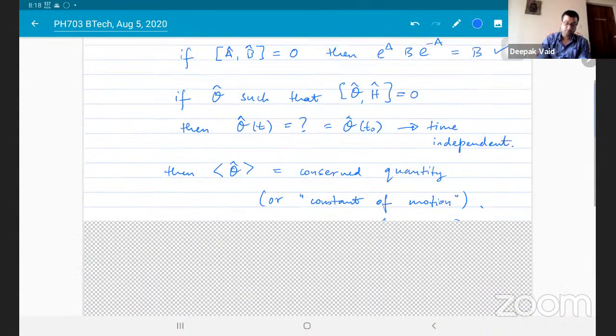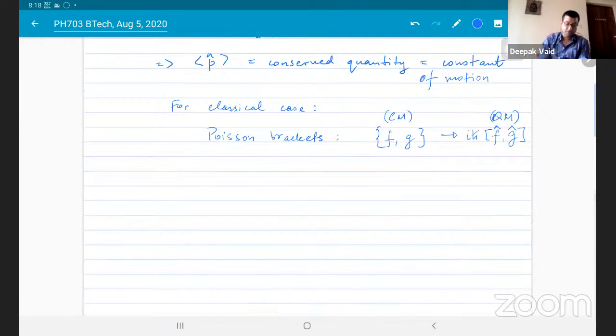If you write down this relationship, it can be written in this way: U(t - t0) O(t0) U†(t - t0).